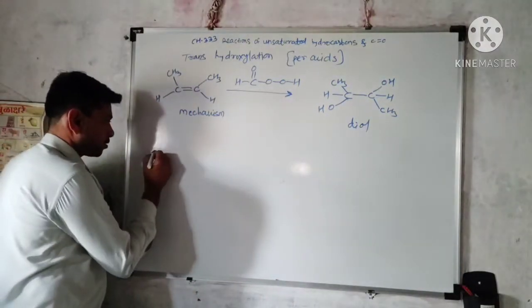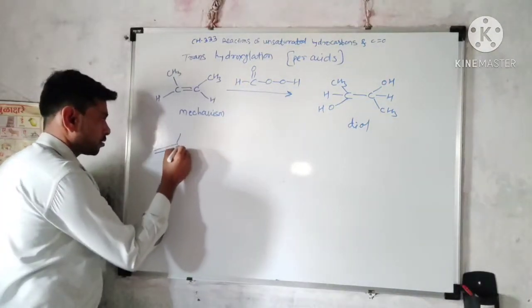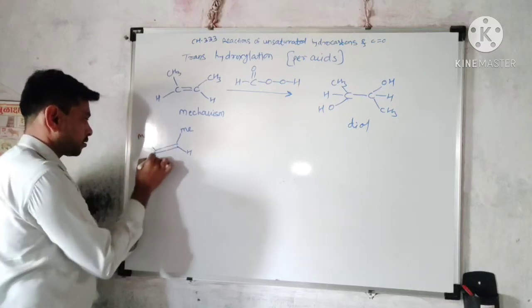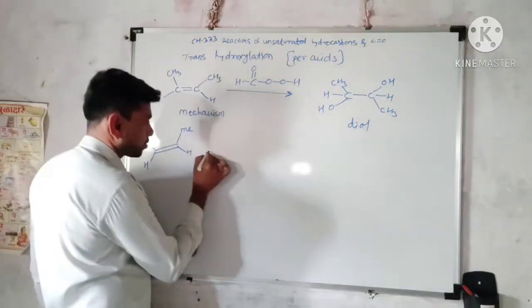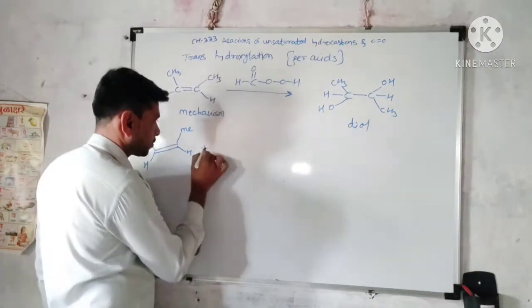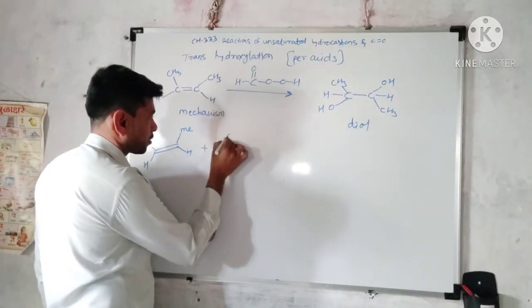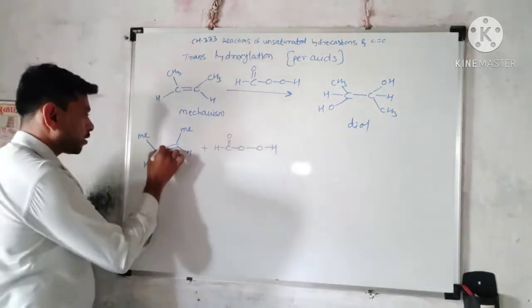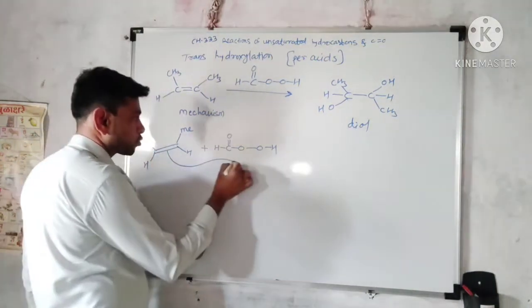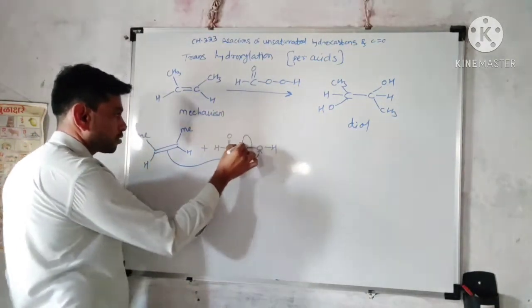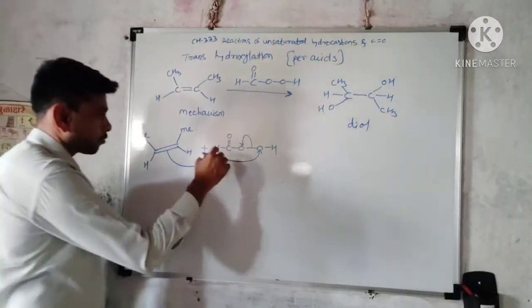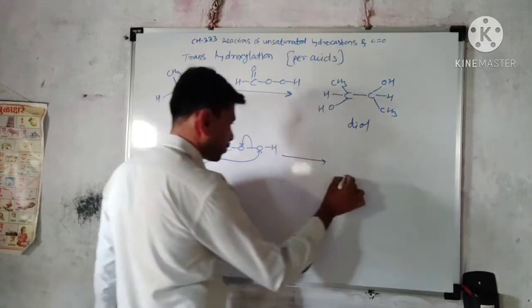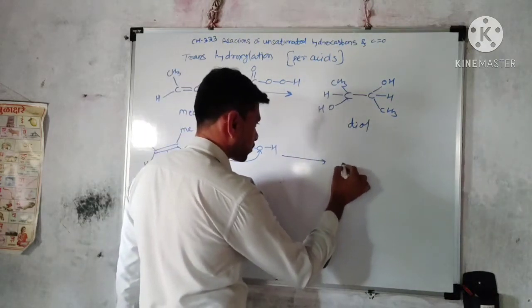Mechanism. See, we have taken this cis reactant, and we added per acid. When we added per acid, as we know that this double bond is the source of electrons which attacks on this electron-deficient oxygen, and formation of epoxide is there.